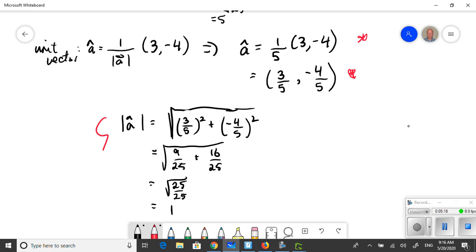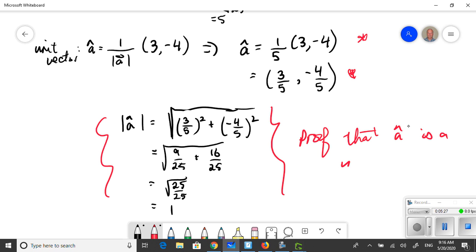And this is just a proof that a hat is a unit vector, and the definition of a unit vector is length 1. Pretty straightforward. Very, very easy section, very, very easy applications, and the homework is going to be quite easy to do.